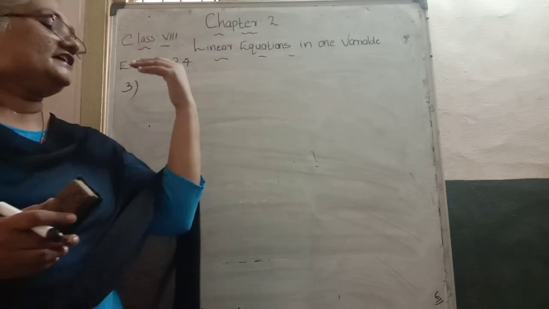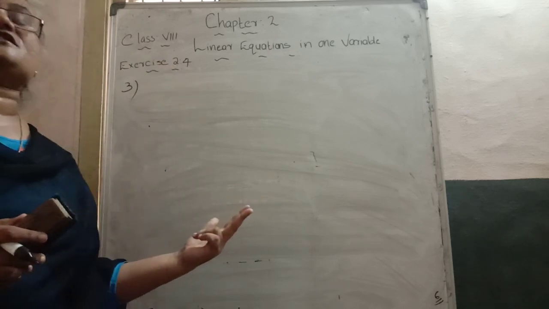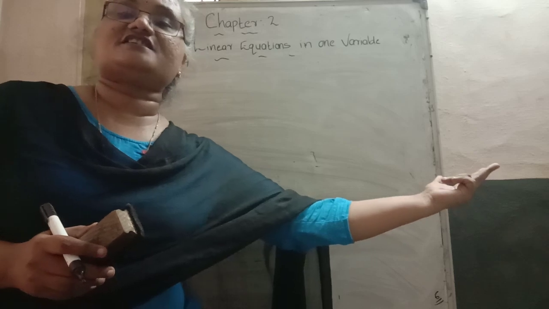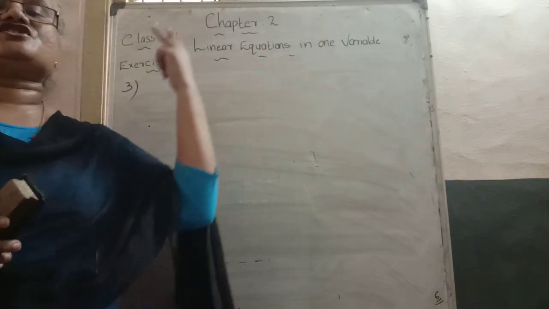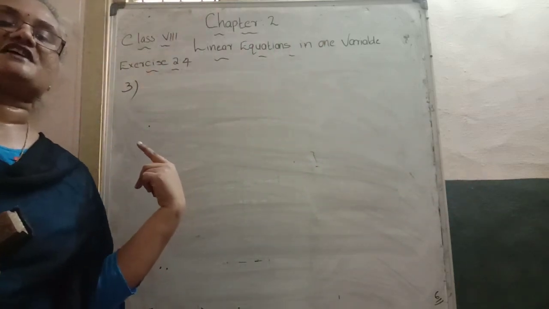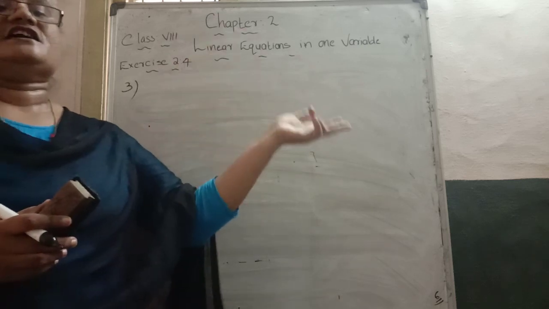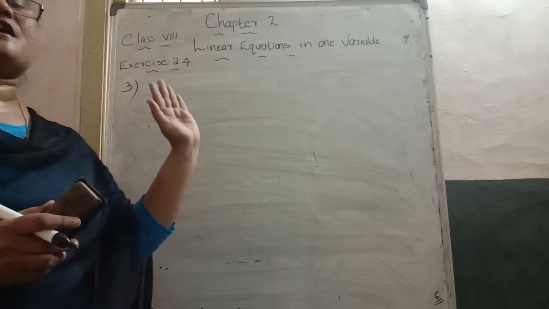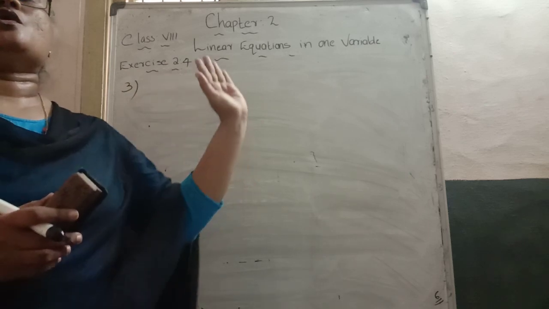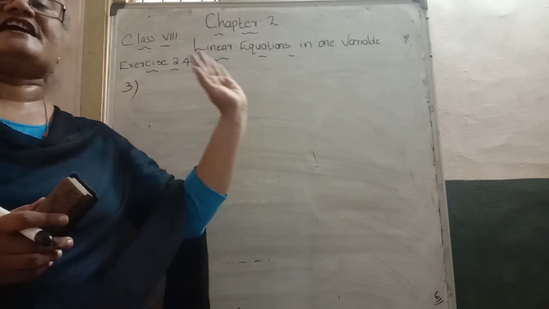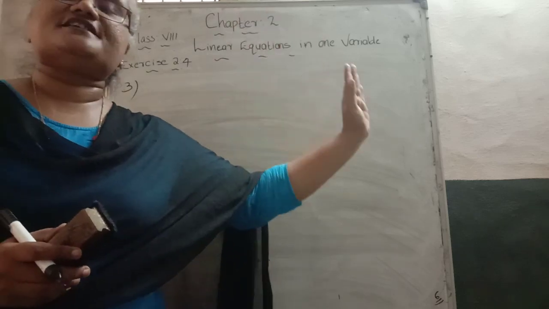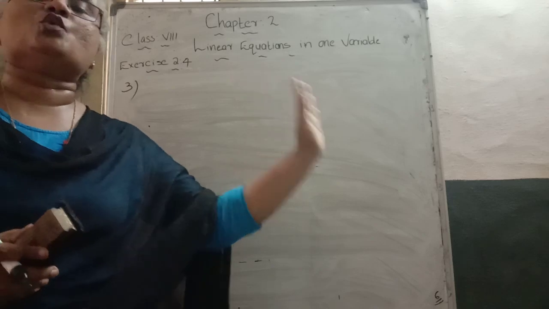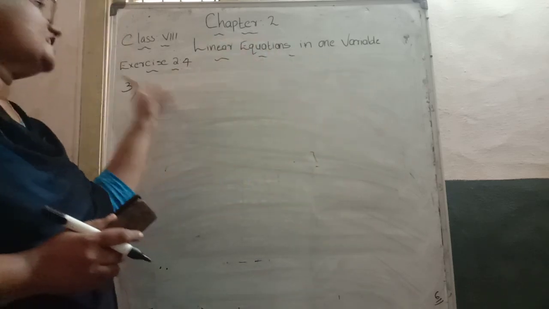Interchanging means the tens place digit interchanges with the ones place digit, and the ones place digit goes to the tens place. Then that interchanged number is greater than the original number by 27. Find the two-digit number. That is the third question.